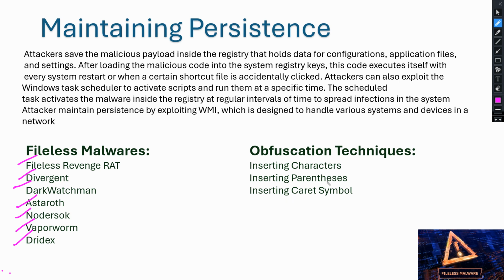Obfuscation techniques are inserting characters, inserting parentheses, and inserting caret symbols. These are the obfuscation techniques and the names of fileless malware, and this is how it maintains persistence. I believe this is all about fileless malware.